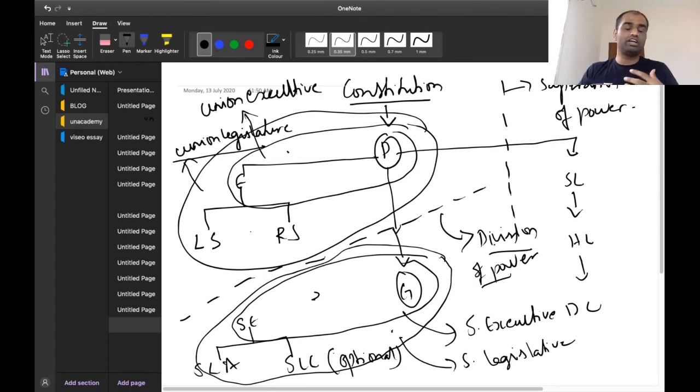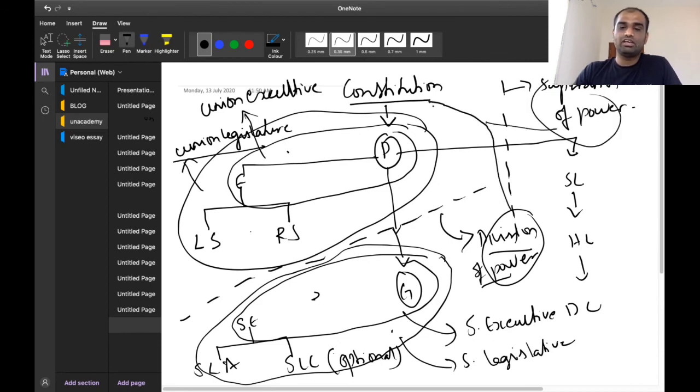This division of power as well as separation of power, both are guaranteed by the Constitution of India itself. Clear? Now, look at this diagram. Now, tell me whether the Indian Constitution follows the doctrine of parliamentary supremacy or the doctrine of constitutional supremacy.